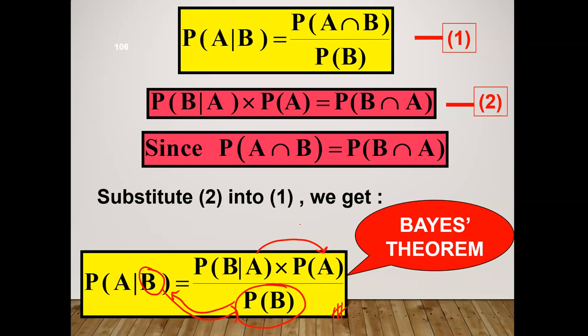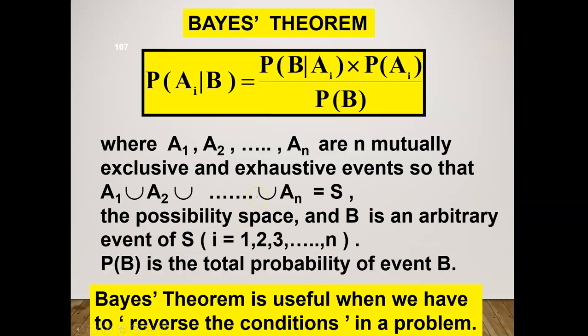So let's say our equation is P(B given A), and at the bottom we write P(A). This will be the opposite of B given A, so A given B, multiplied with P(B). Very easy. So this is Bayes' theorem.